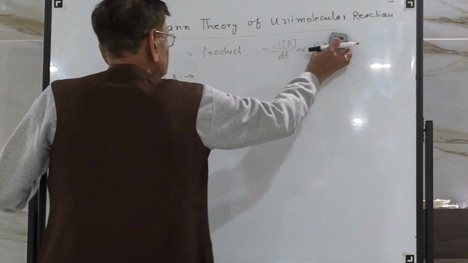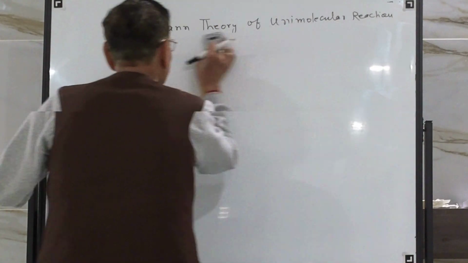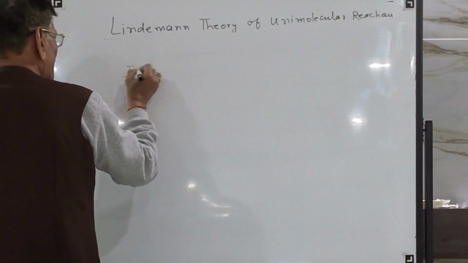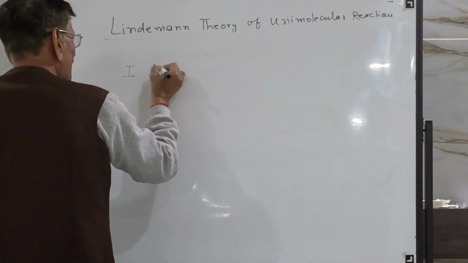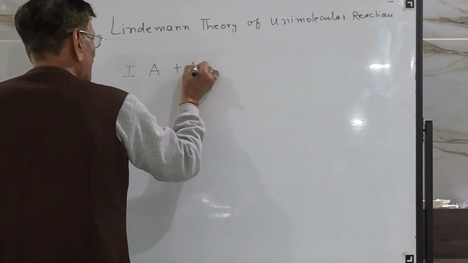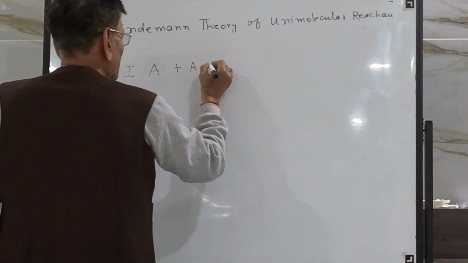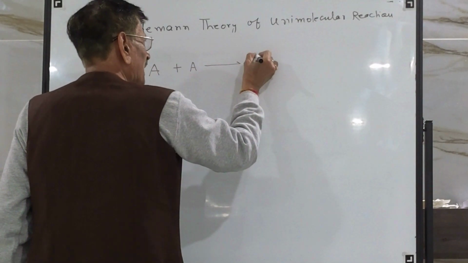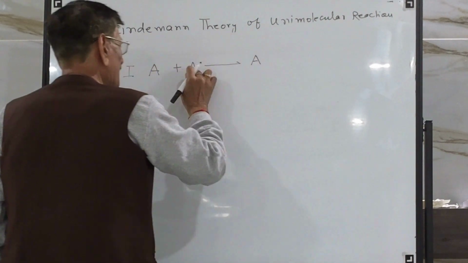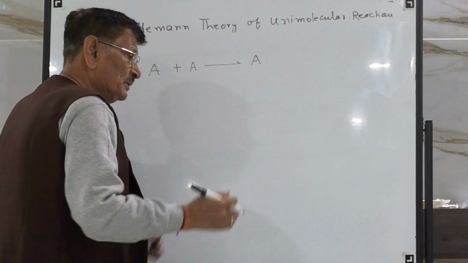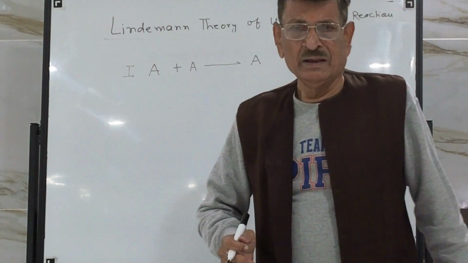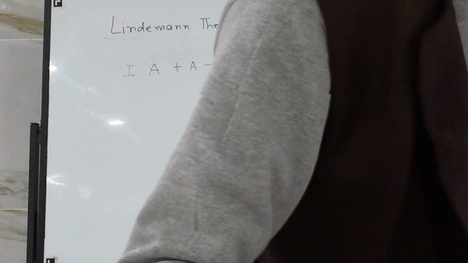That is, he gave the theory like this. In the first step, A plus A, a collision between two molecules of A takes place, and when there is a collision, there is a redistribution of energy.